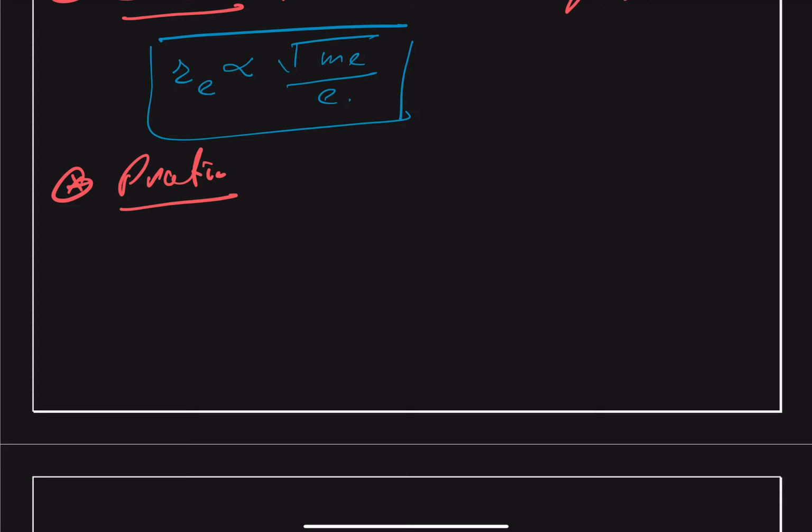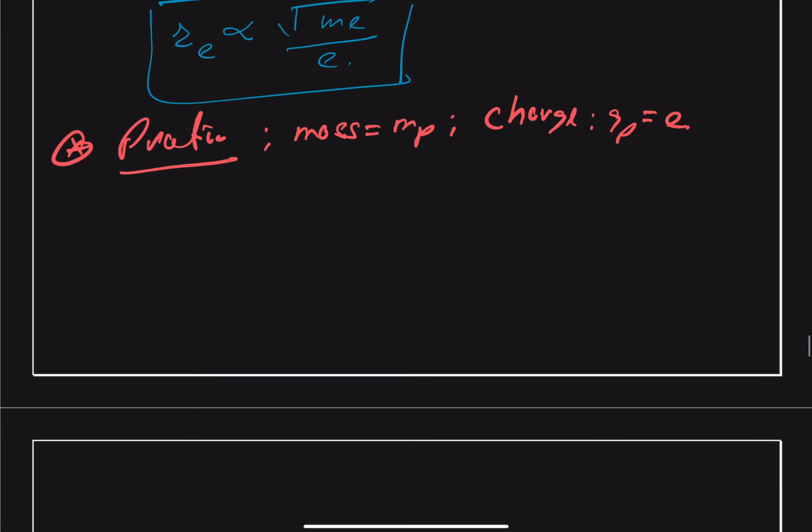Proton, the mass is our mp, and charge, that is our qp, is also equal to e. And we can write that our rp is proportional to square root of mp divided by e.